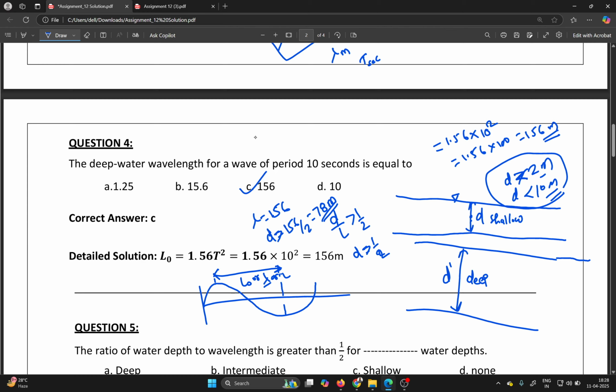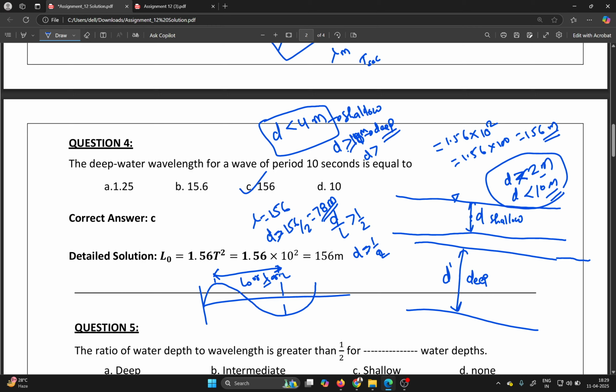Let us suppose for the depth, less than 4 meter is considered shallow, definitely greater than 4 the value will be deep. Or intermediate also you can think, let us suppose up to 10 meter the value will be intermediate, and greater than 10 meter your value will be deep.